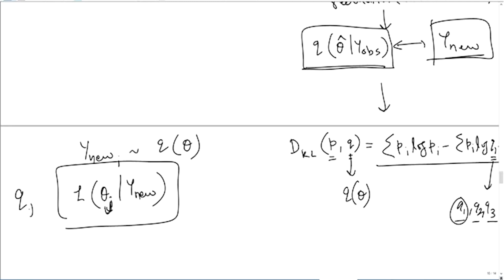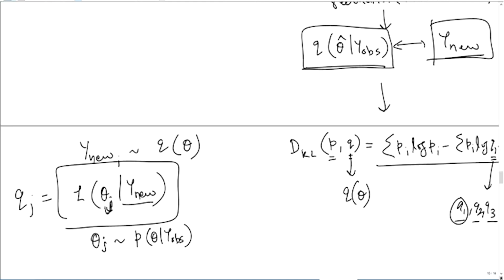So you can call it qj. So q1, q2, q3 are actually the likelihood that a particular value of theta generates this new data, right? But the only thing is that these theta j actually come from the posterior distribution of theta given the observed data, right?